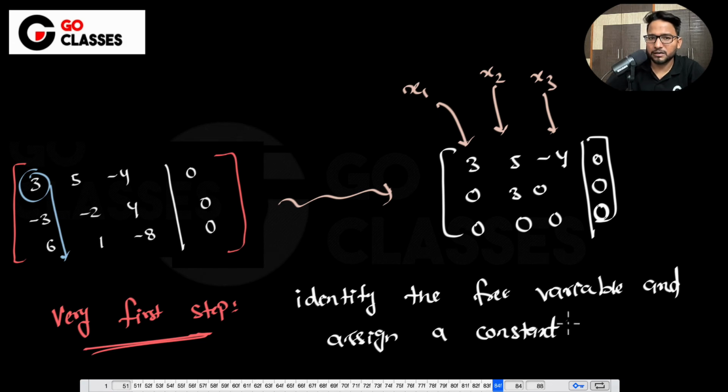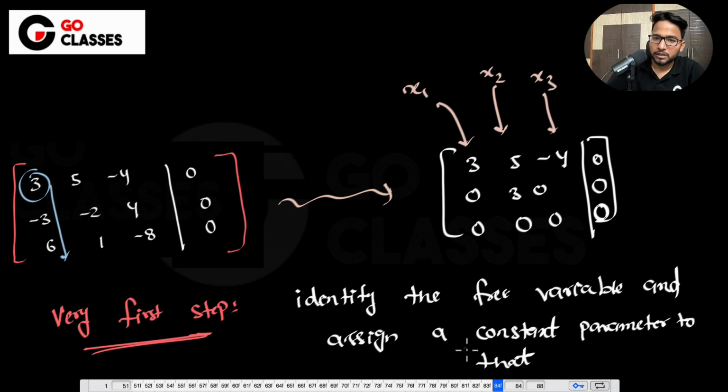Constant means like a parameter, a constant parametric form, which means k, t, something like this. Not like 2 or 5. Let me just say parameter.